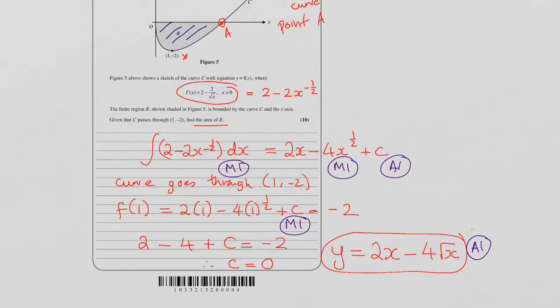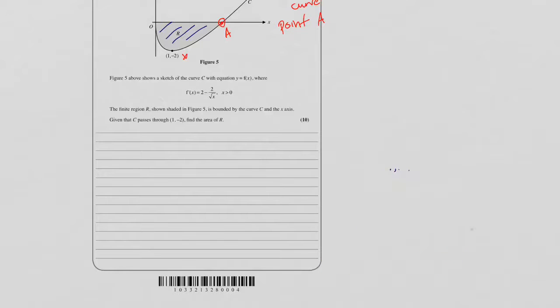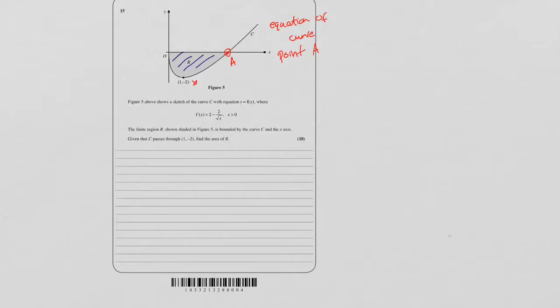So I'm just going to delete all that so I've got some space. So we've worked out the equation of the curve, but still we've got a problem in that we haven't got the limits to integrate between. But what we do know, the curve crosses the x-axis at A, and at that point y equals 0.